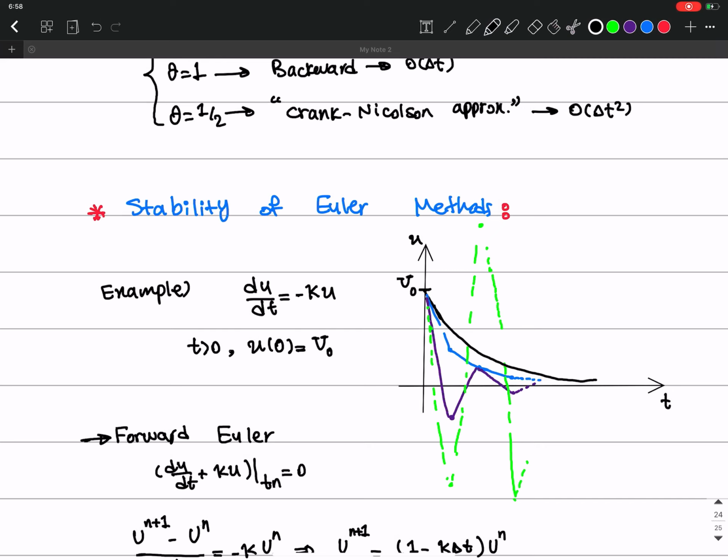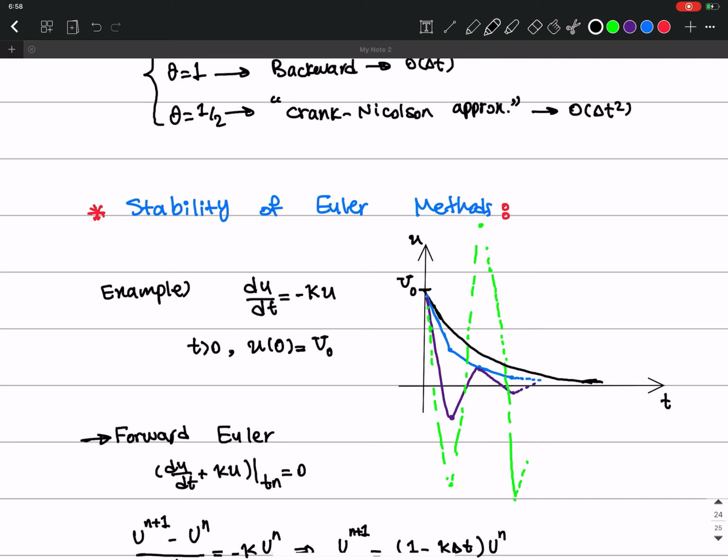So as you see, the blue one kind of converges to the analytical solution as we go up. Okay, so it's kind of stable.